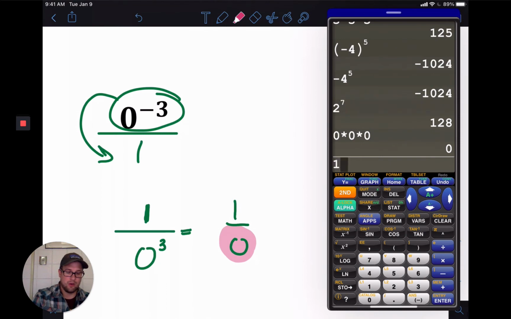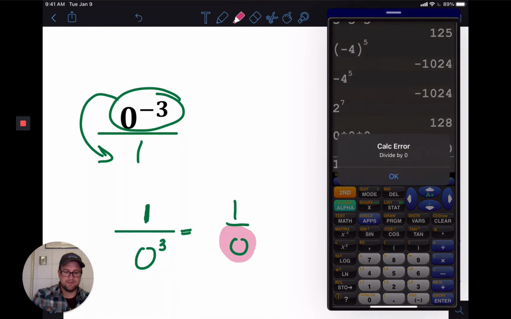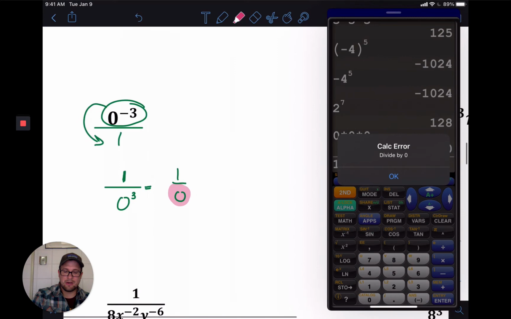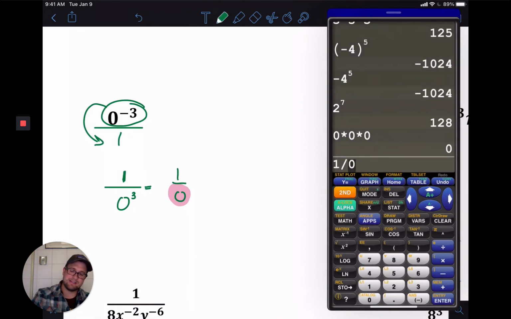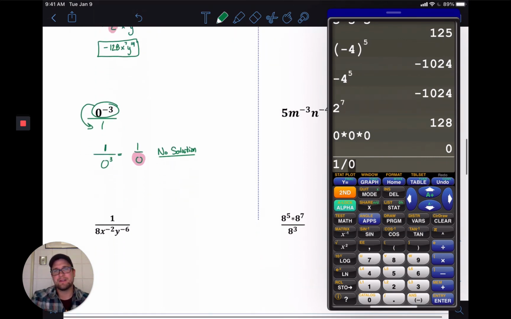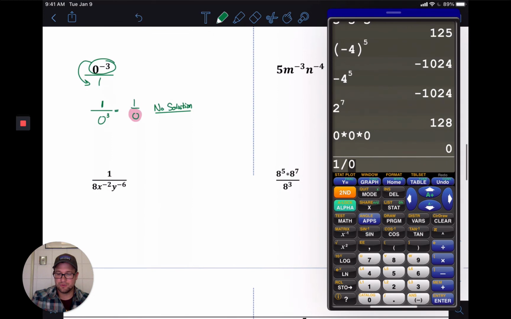So if I have 1 divided by 0, let's just see what our calculator tells us here. Divide by 0 error. That's telling us that we're not allowed to do that. So when we see something like this, we are allowed to say no solution. We are not allowed to divide by 0 in math, and that's what's happening there. So we got to be able to say that there is no solution to that problem.